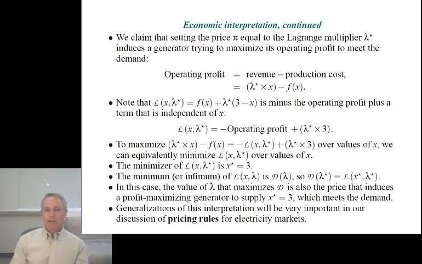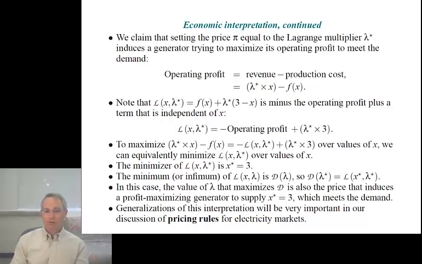Let me observe that the Lagrangian, evaluated at x and lambda star, by definition is f of x plus lambda star times 3 minus x. If you compare that to the operating profit, you will see that it's equal to minus the operating profit plus a term that is independent of x.